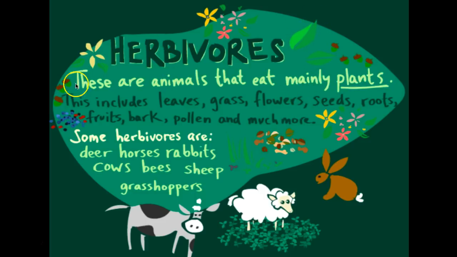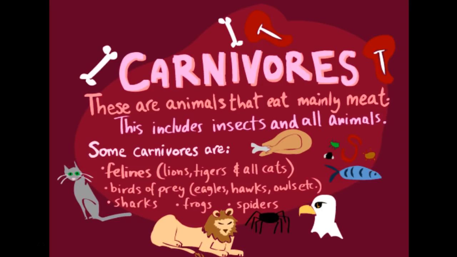It can be anything on or attached to the plant, such as fruits and pollen. Some common herbivores: cows, sheep, rabbits, grasshoppers. Herbivores are the level in the trophic level pyramid that's directly above the producer.